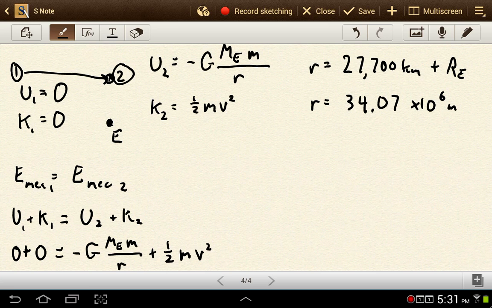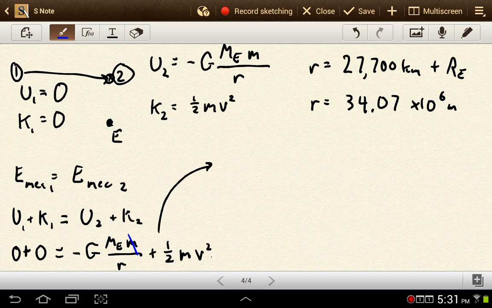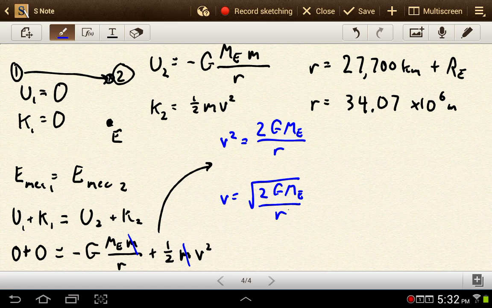You bring that over, you can cancel the m's, and then you get v squared equals 2 big G mass of the Earth over r. So v equals the square root of 2 big G M_e over little r.